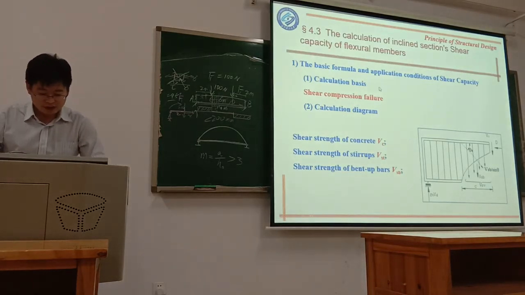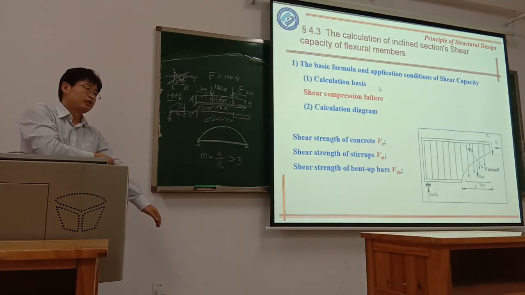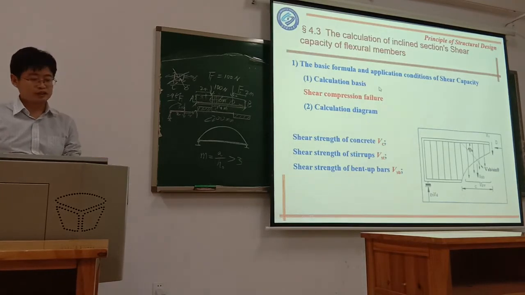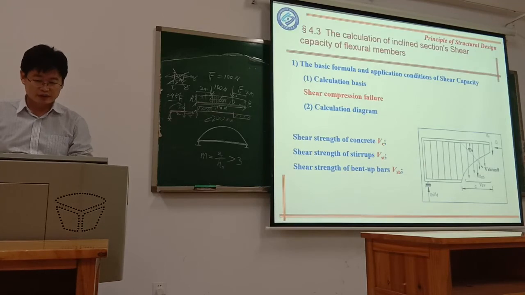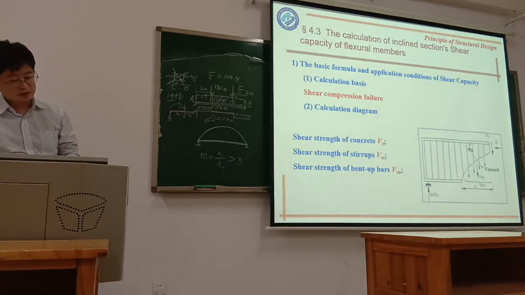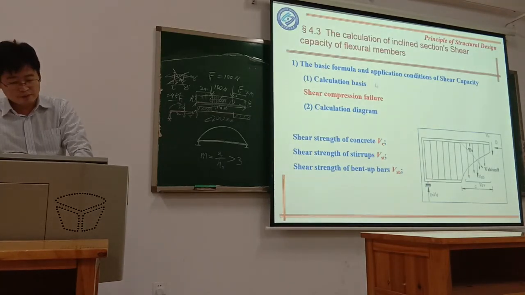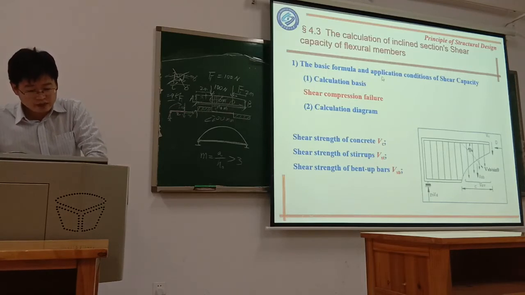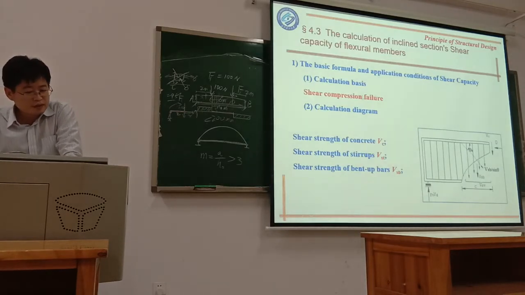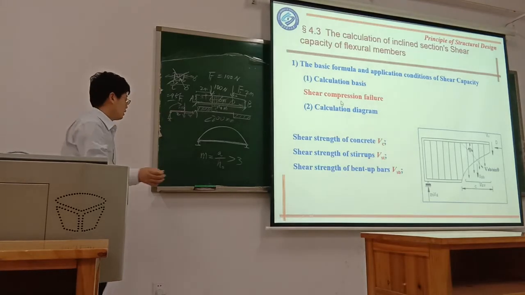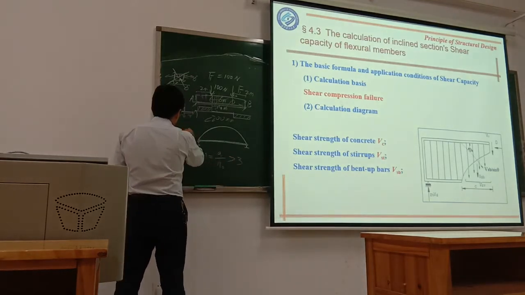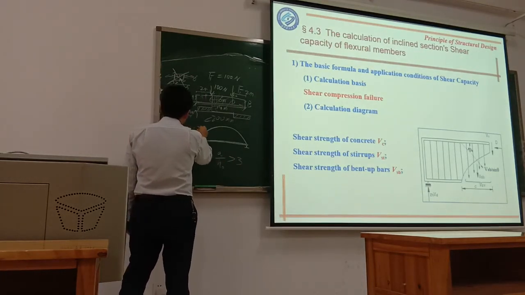So for this chapter 4, we said that we are mainly talking about the design calculation with this calculation of shear capacity. For this calculation, the main calculation basis is the shear compression failure mode. That means M is smaller than 3.